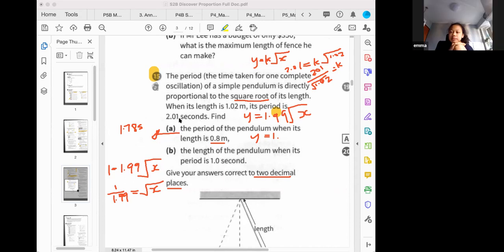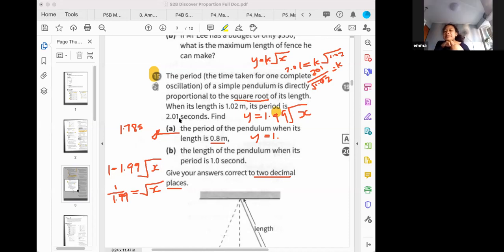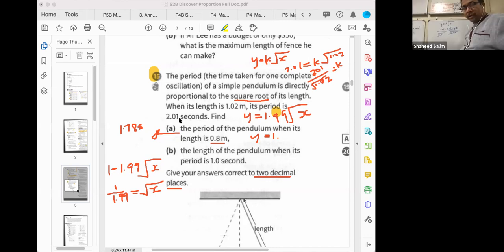So now, in order to find K, I need to get rid of the square root of 1.02, so I divide by square root of 1.02. It cancels, so I must also divide down here. Correct? Now you put it inside your calculator, you key in like that. Don't find the answer first until you reach this stage.